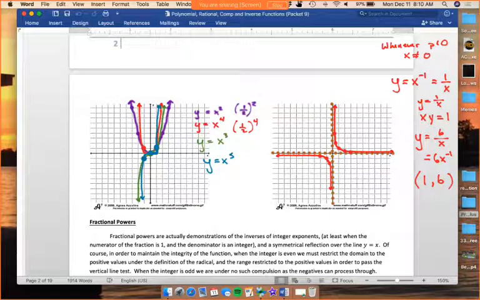What else? 6, 1. Okay. Remember, this is the same as x times y equals 6. What other pairs can we put up there? 2, 3. 3, 2. All of those are going to be on the graph. And of course, the negative ones are going to be there too. Negative 1, negative 6. Negative 6, negative 1.